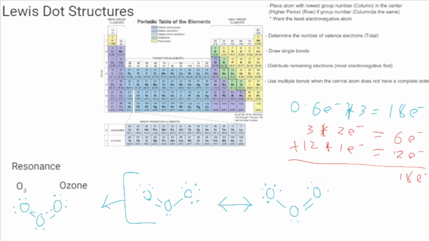And so what this line and dash is truly representing is something like a 1.5 bond, as opposed to a 1 or single bond or a 2 or double bond.